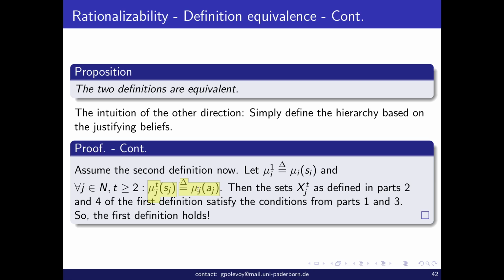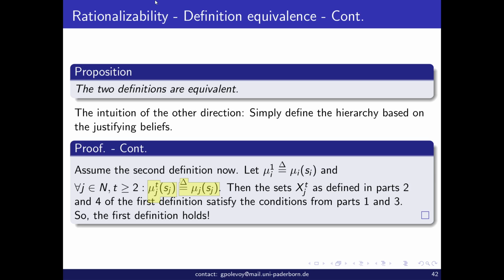By the assumption that mu j of Sj justifies Sj, I want to say Sj, not Aj. So let me fix that. By this assumption, these probabilities also justify the actions.